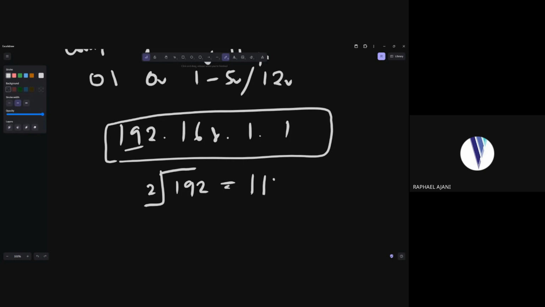Okay, if you can convert 168 also. Oh, from ChatGPT. Brilliant. How many zeros do we've got? 1, 2, 3, 4, 5, 6.